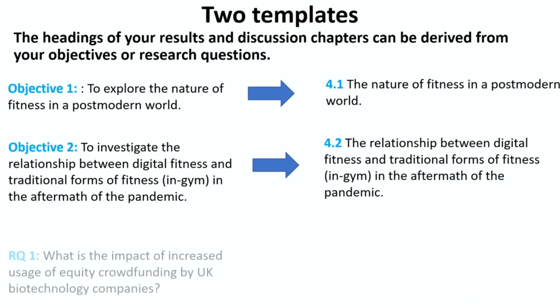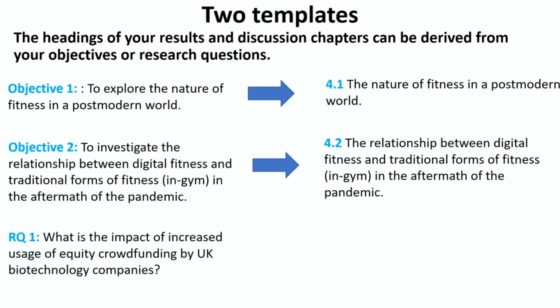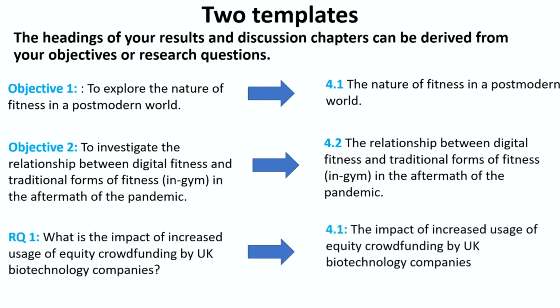Or if you use research questions, your first research question, you will transform that into a heading. And within these headings, you can put subheadings, but these headings would be the main headings in your results and discussion chapters. And this makes it clear to the marker that you are only concerned with meeting your objectives. You are only concerned with answering your research questions.